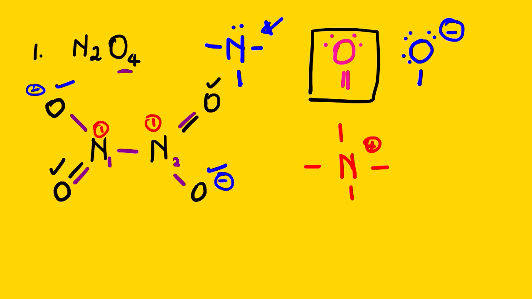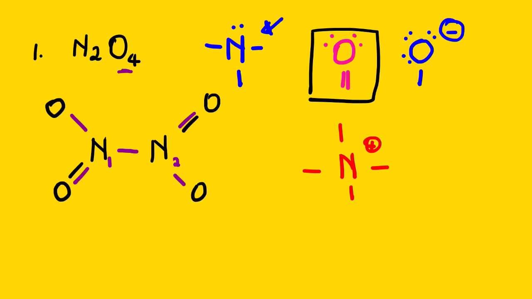So if you have a positive and a positive plus negative and negative, we will definitely have an overall charge of 0. So that is what we actually want. With this information, we can draw our Lewis diagram correctly.